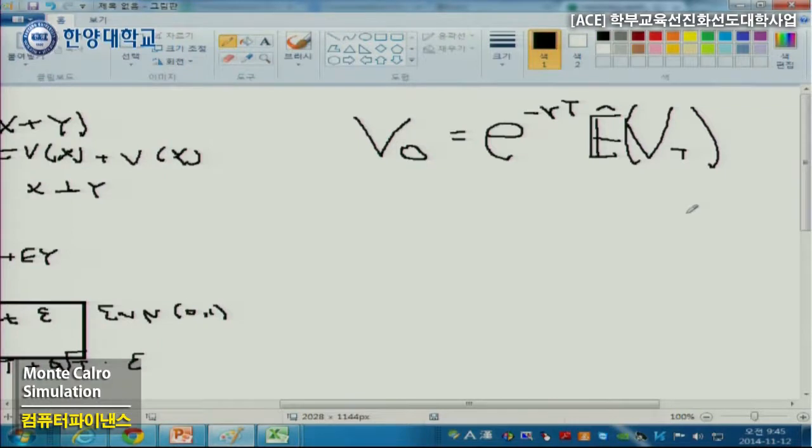So this was the most important formula of financial engineering, derivatives, and actually entirely asset pricing. In order to calculate the price of an asset, we assume we are in the risk-neutral world, compute the expected value of the asset at time big T in the risk-neutral world, and then discount it.